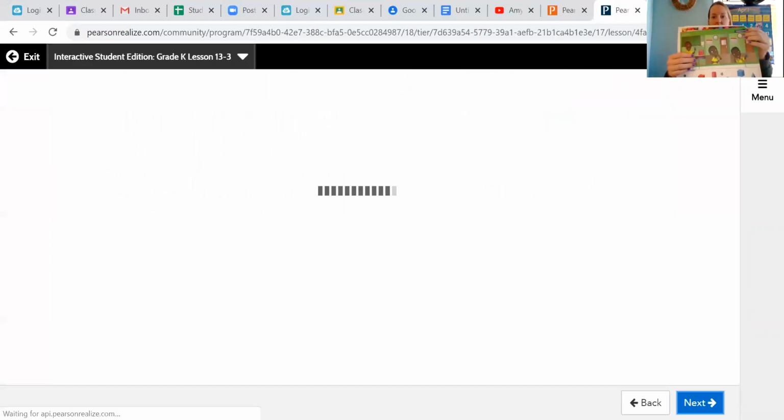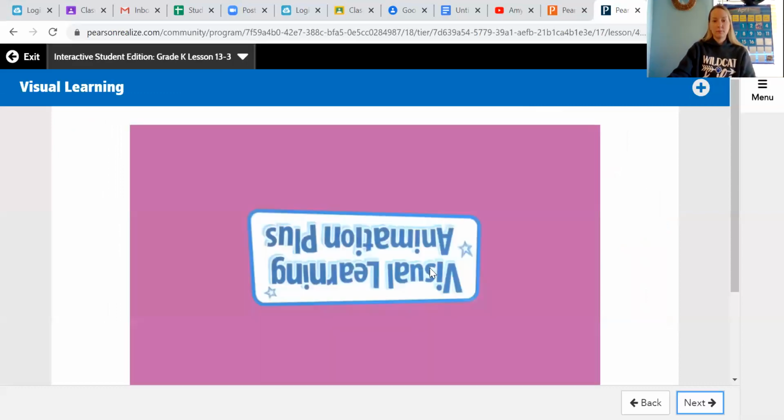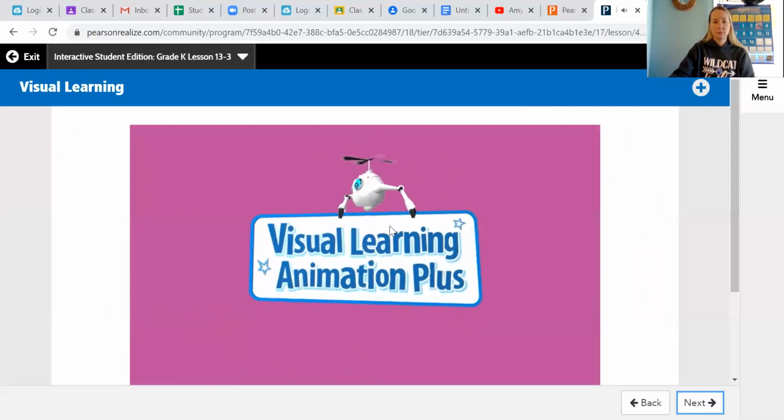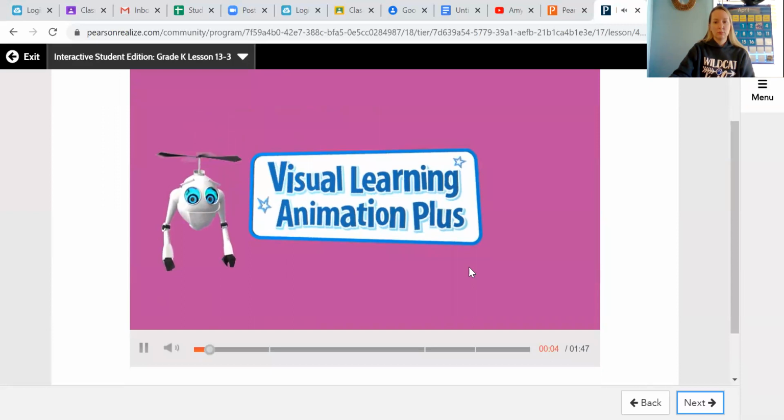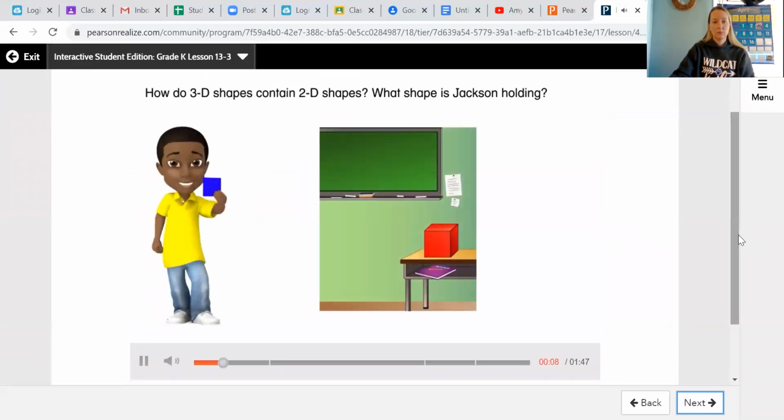And we're going to start with our video. You should be on this page now. How do 3D shapes contain 2D shapes? Let's find out. What shape is Jackson holding? He is holding a square.